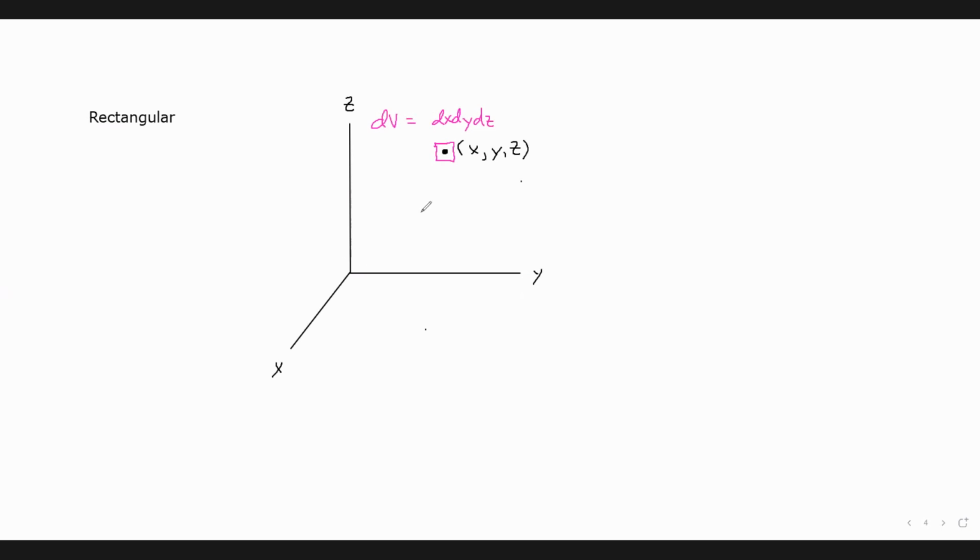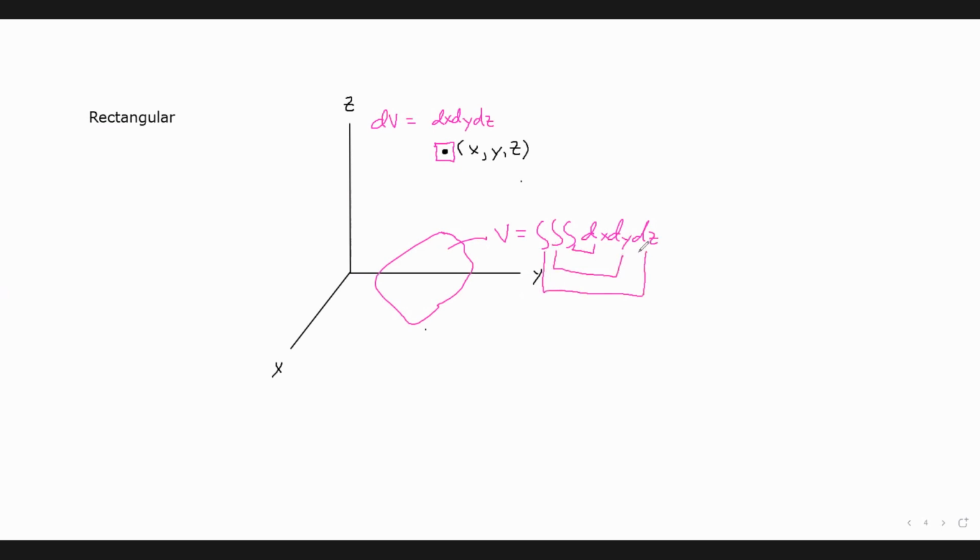So for example, if I have some volume in rectangular coordinates out here defined, the volume of that is simply going to be the integral over this region, dx, dy, and dz, where by convention the first integral is over the x, second over the y, the third here outside over the z.